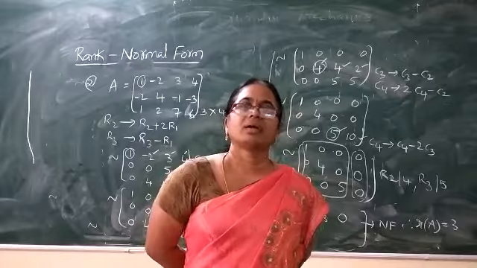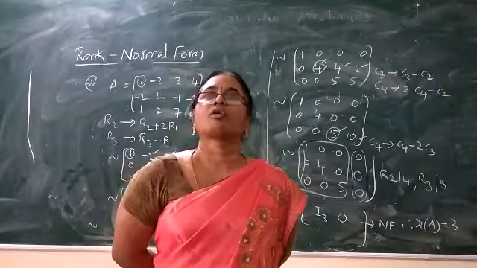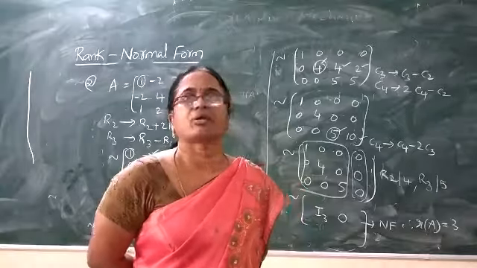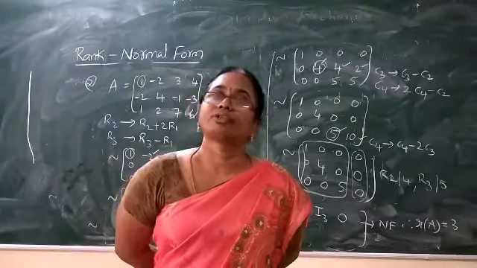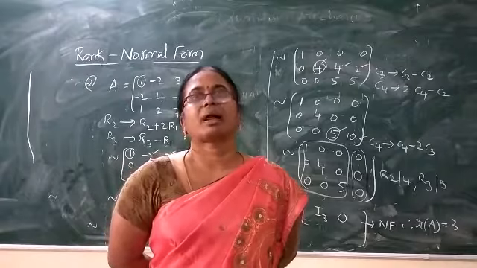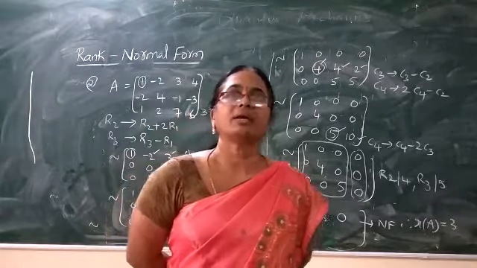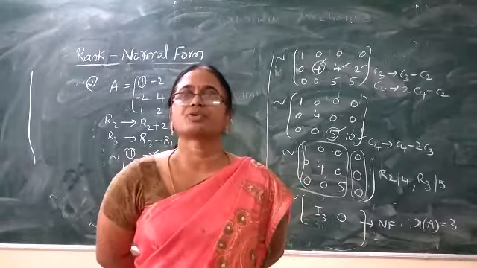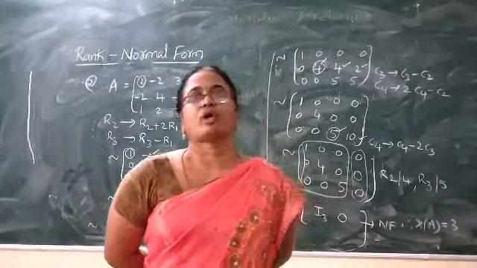In the third class we discussed how the echelon form is applied to find the rank of a matrix. Now in this class we have completed reducing the given matrix to normal form. Now you are all able to calculate the inverse of a matrix by the Gauss-Jordan method, and the rank of a matrix by using both the echelon and normal forms.